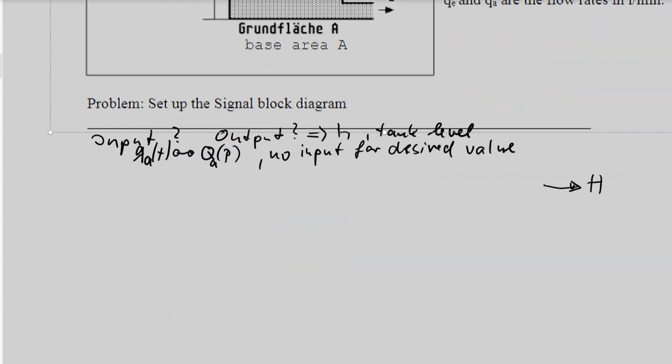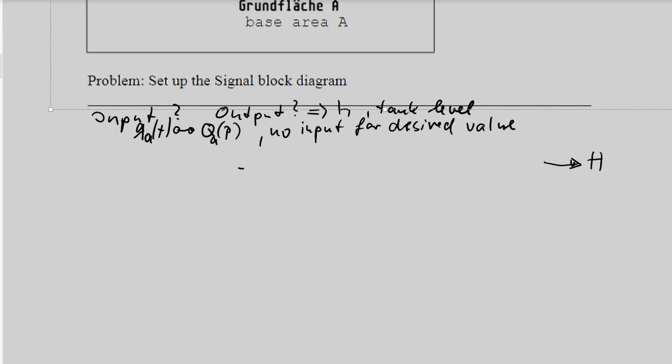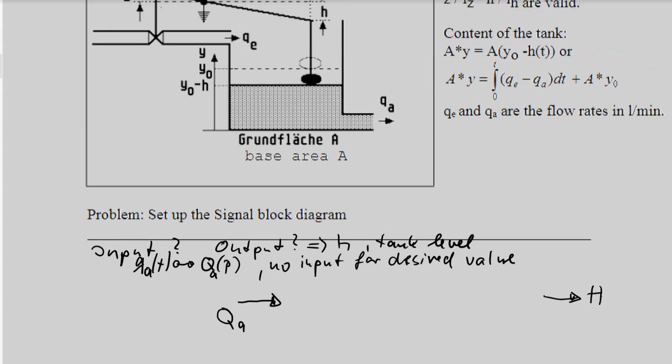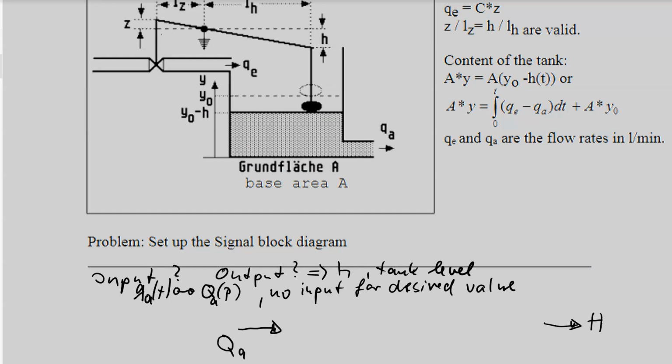Back to the setup of a signal block diagram. So the input is QA, and output is H. And now the strategy for setting up a signal block diagram is very simple.